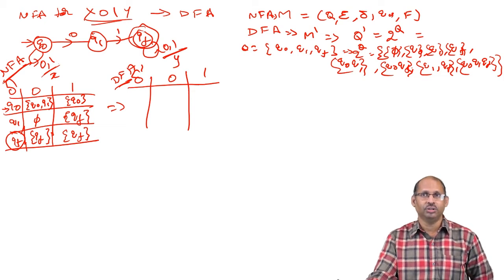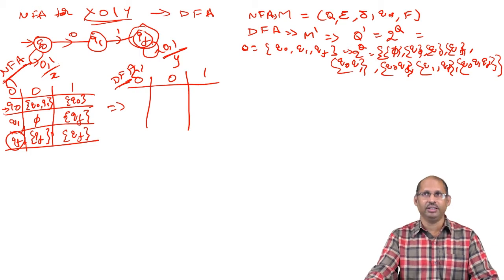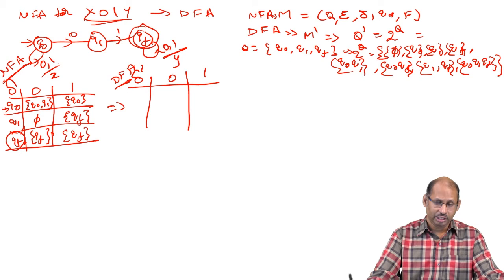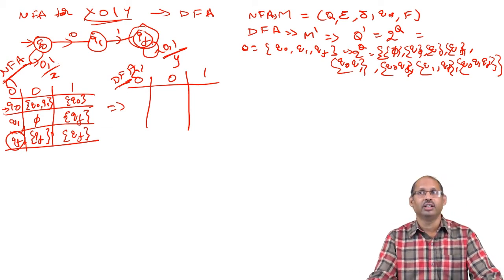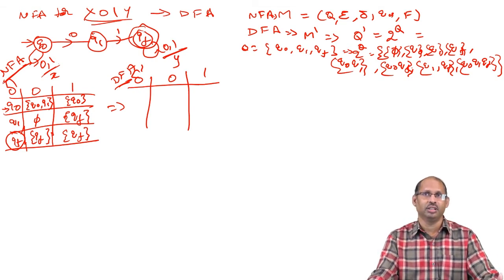So we have to write, for all the states, their equivalent states. For the 8 states we have to find the transitions for 0 and 1.